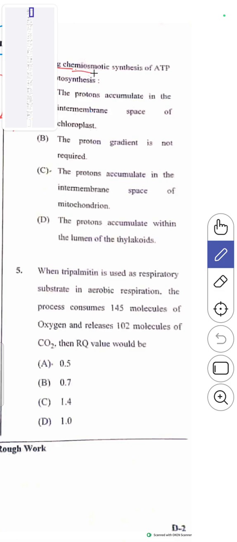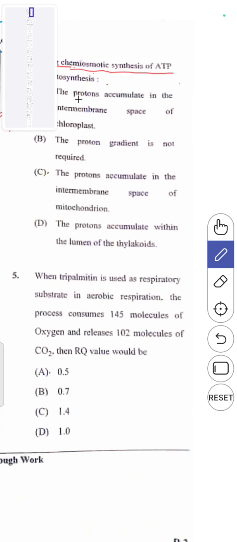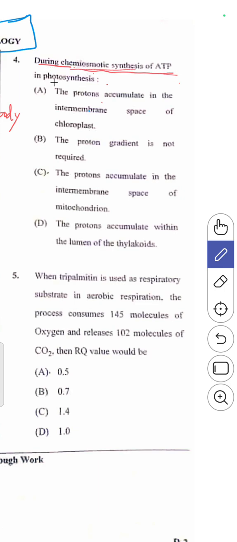During chemiosmotic synthesis of ATP in photosynthesis, what actually happens? They have given four different options.